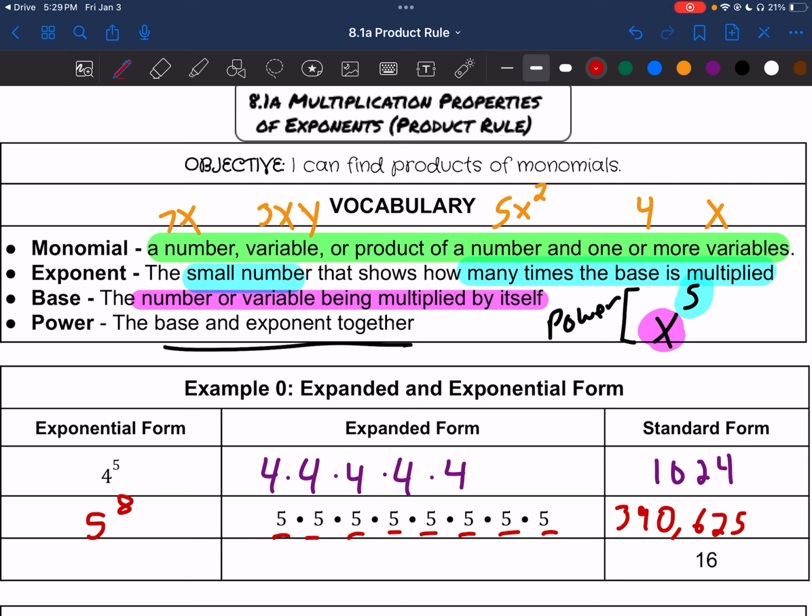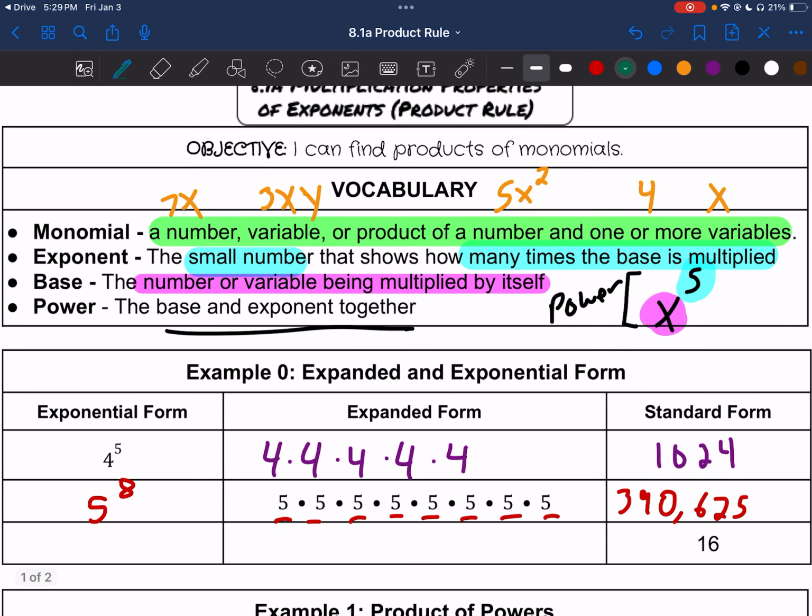Now, 16. There are 2 different ways that we could get to 16, right? When we think about what are our numbers that we can multiply by themselves to get to 16. Well, the one that comes up off the top of my head would be 4 times 4, which would be 4 to the 2nd power.